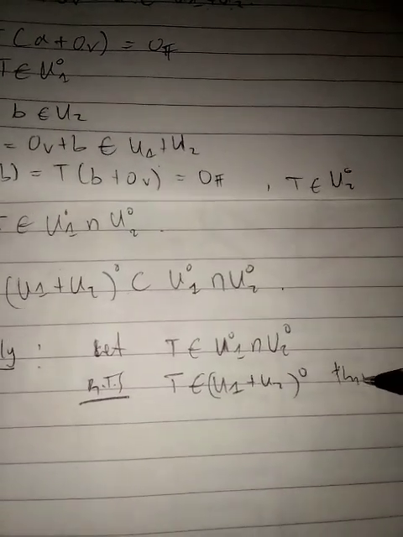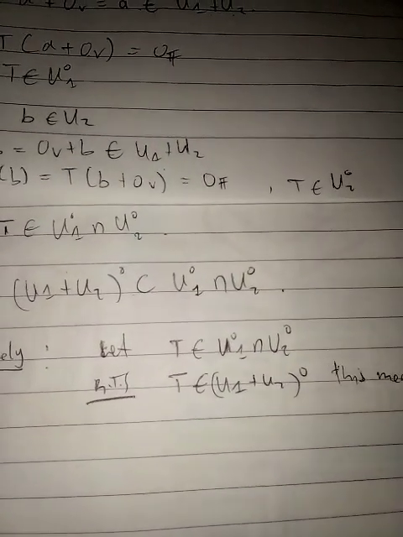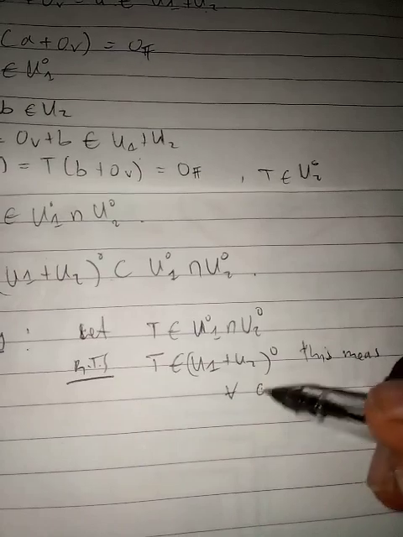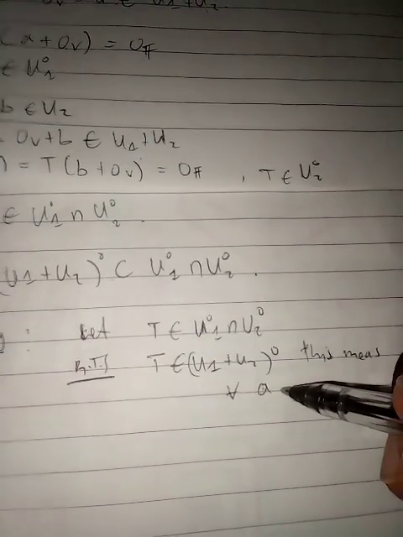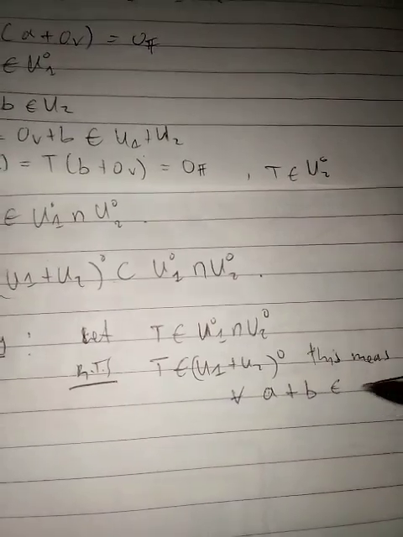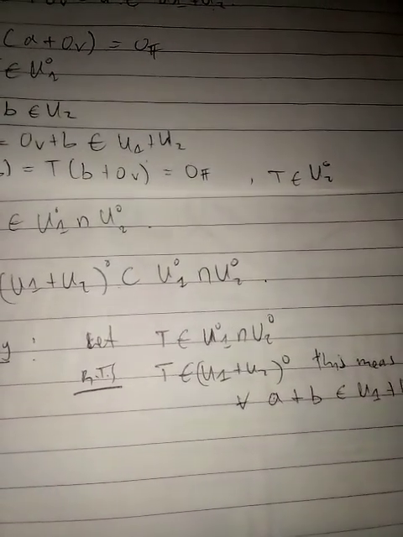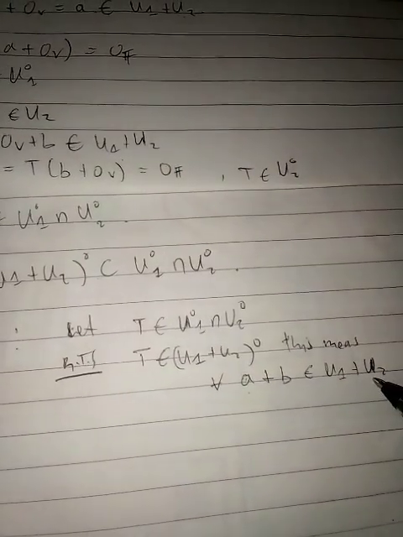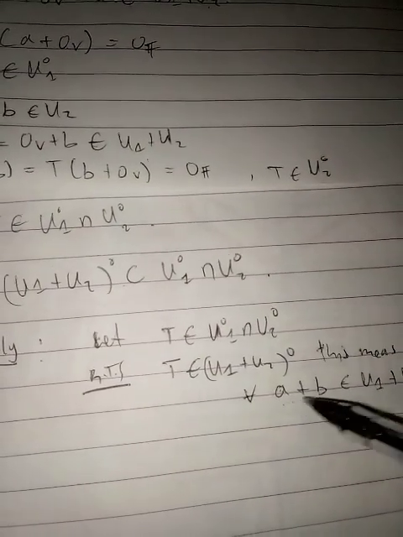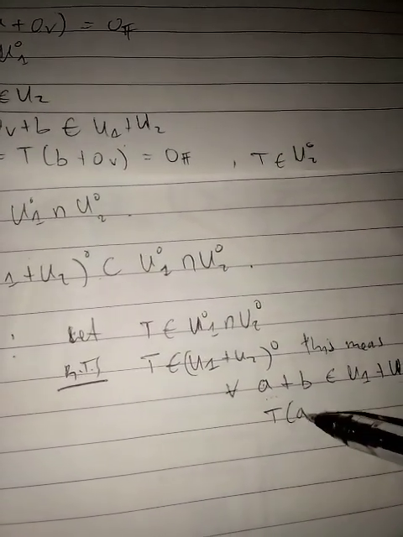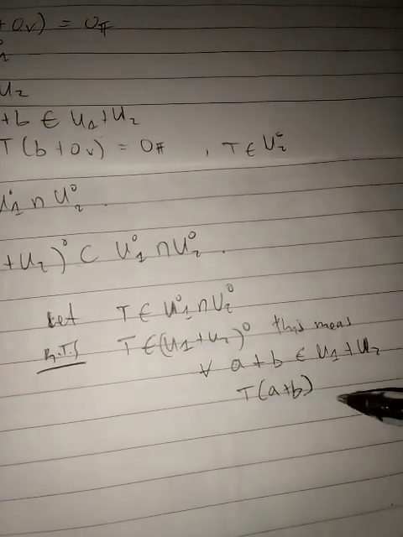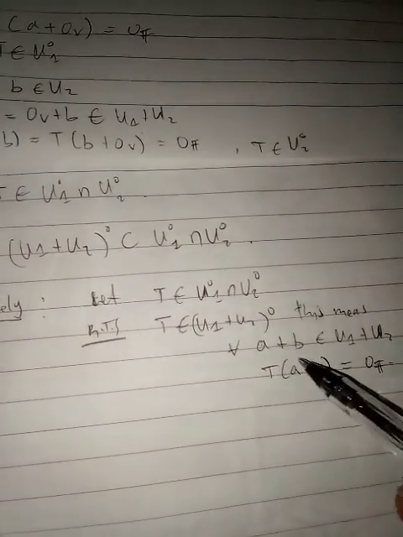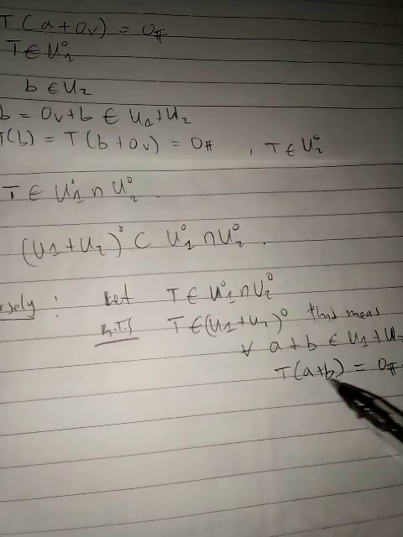This means that for every a plus b element of u1 plus u2, a belonging to u1, b belonging to u2, every a plus b, I transform a plus b and get 0 of F. So this is where we are keeping our focus. If we show this, then we are done.